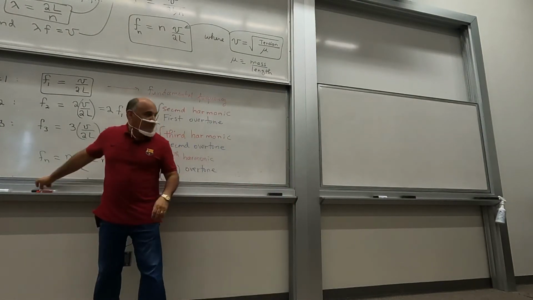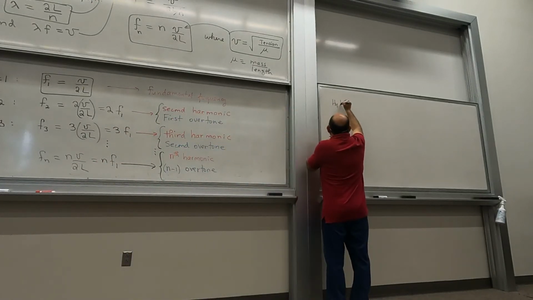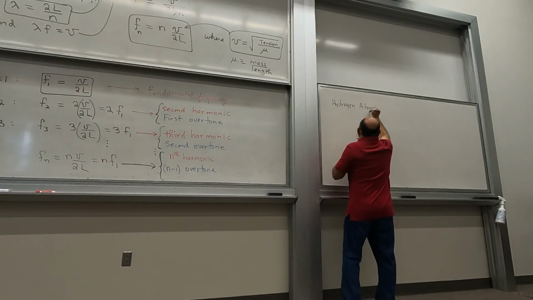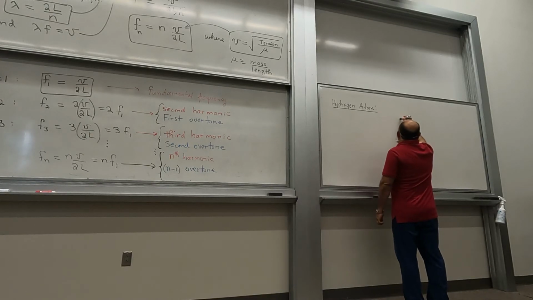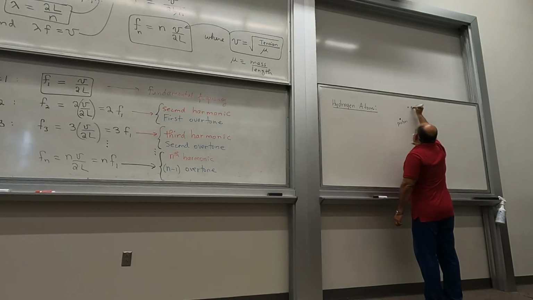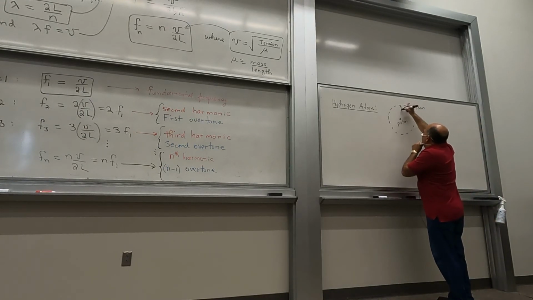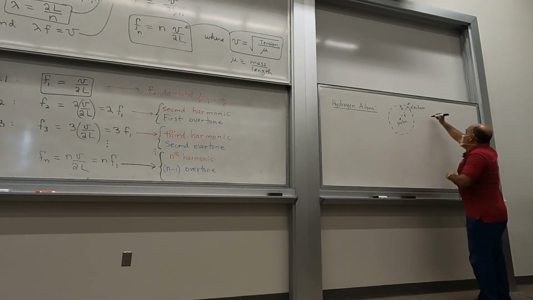When you learn about the hydrogen atom, and we will talk about the hydrogen atom later on, you think of a proton making up the nucleus of the atom, and an electron orbiting around the proton. And the electron has a mass, it's got a charge, it's so far away, right? And you can write down the energy.